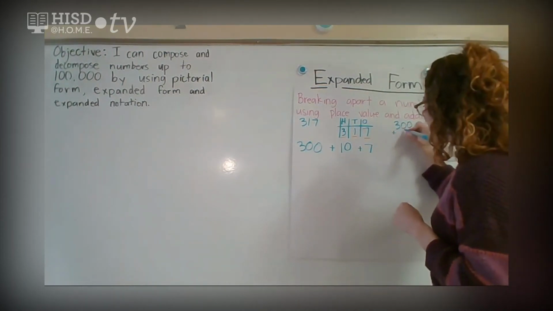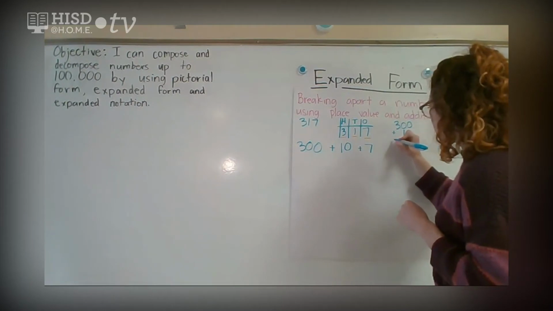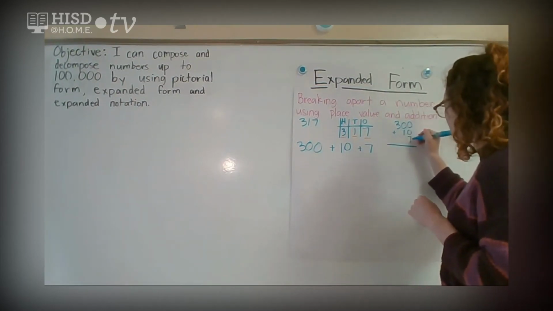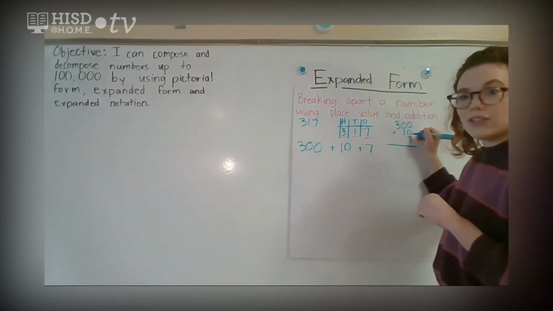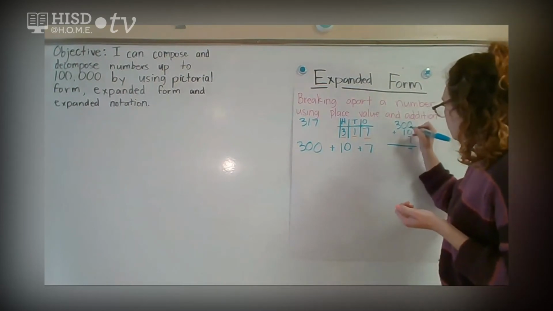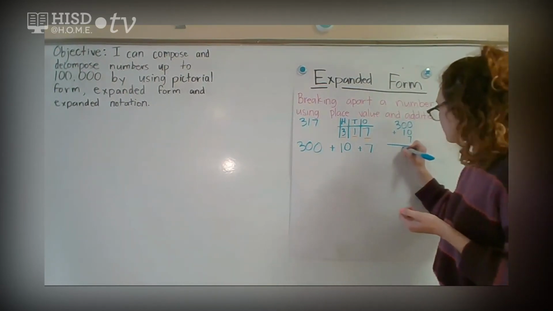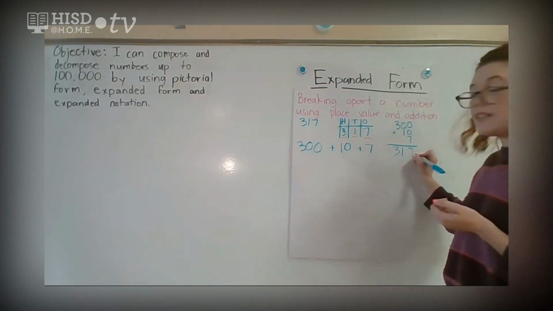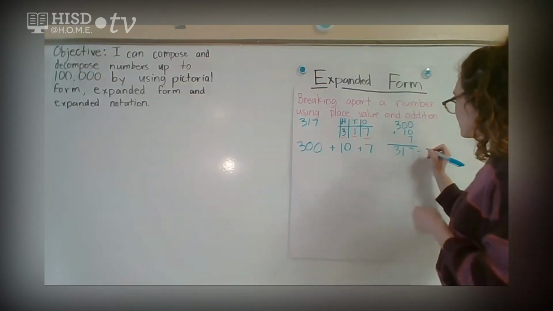Plus 10 plus 7. Make sure they're all lined up nicely. 0 plus 0 is 0 plus 7. So 0 plus 7 is 7. 0 plus 1 is 1. 3 plus nothing is 3. Is my number 317? Yes. So I did this correctly.